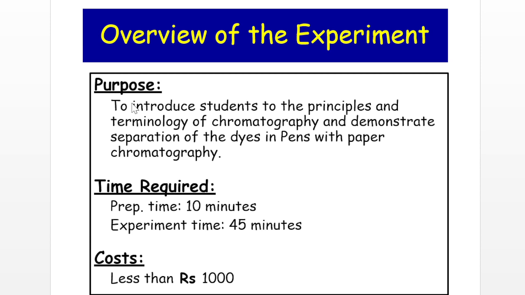The purpose of this experiment is to introduce students to the principles and terminology of chromatography and demonstrate separation of the dyes in pens with paper chromatography. Experiment preparation time is 10 minutes and experiment time is 45 minutes. Cost is actually less than 1000 rupees.